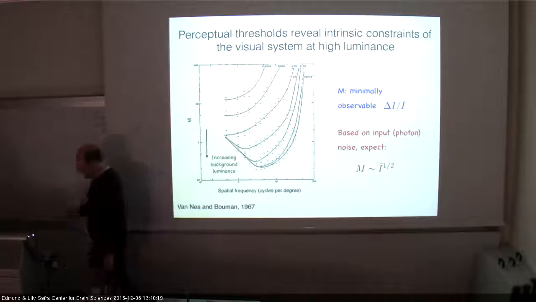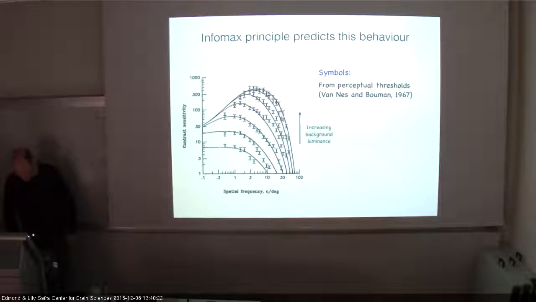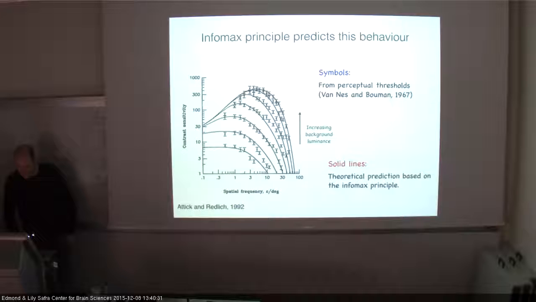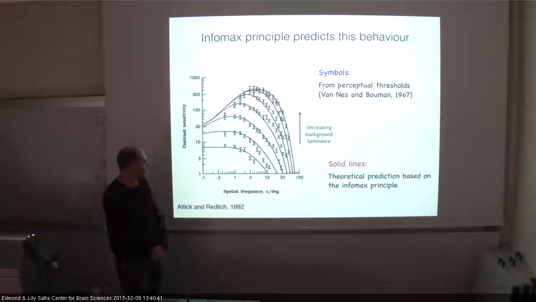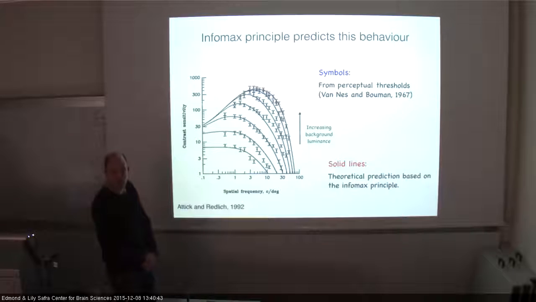In fact, quite a lot of time after this work was done, Atick and Redlich, in a very important series of papers, explained the perceptual thresholds and the structure of receptive fields of vision based on the notion of maximizing mutual information.